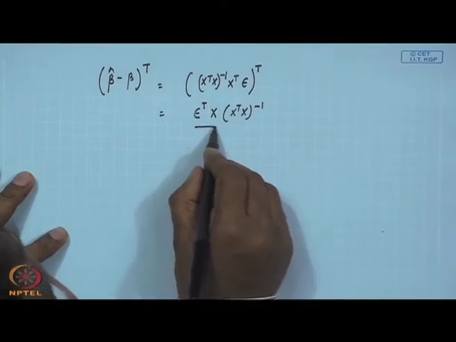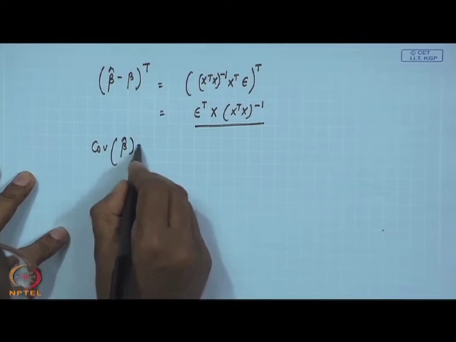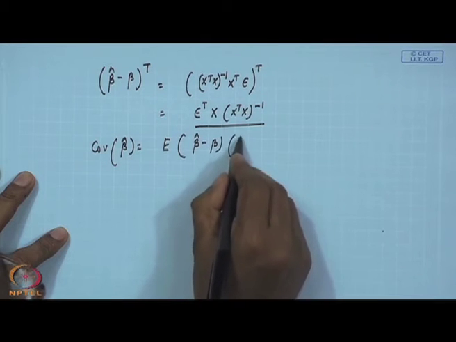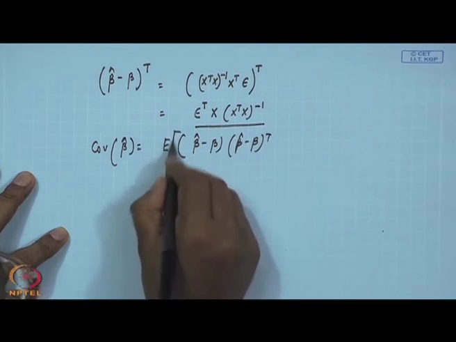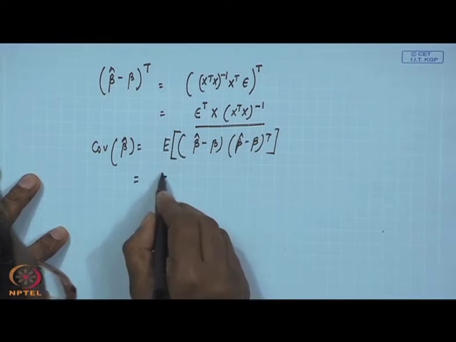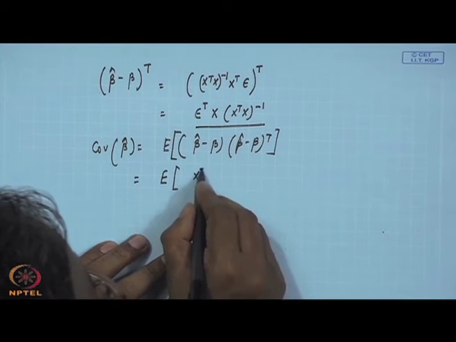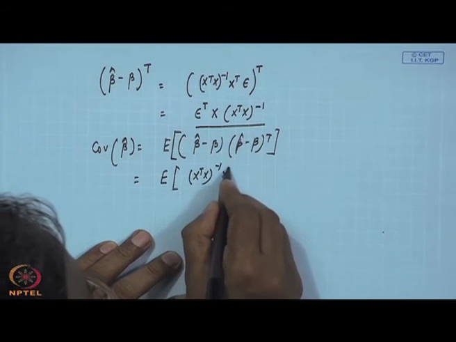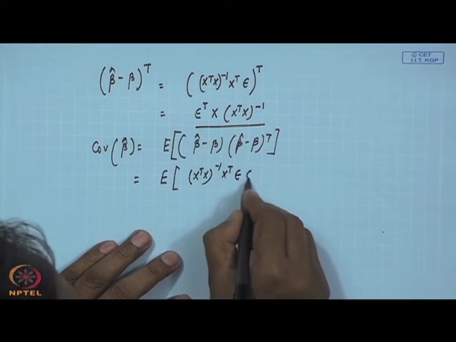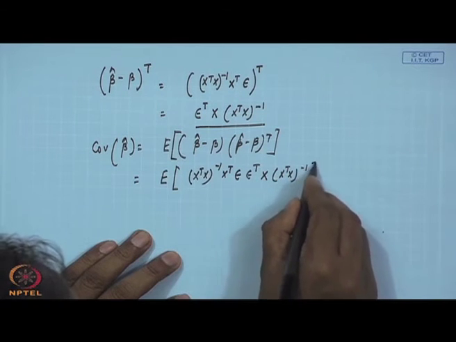So, this is the quantity now. What is our covariance of beta cap? That means expected value of beta cap minus beta, beta cap minus beta transpose, that was the formula. I will write this here. Our beta cap minus beta is x transpose x inverse x transpose epsilon, and the transpose of it is epsilon transpose x, x transpose x inverse.